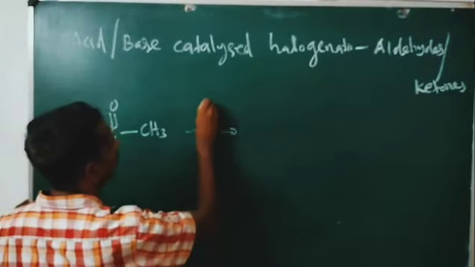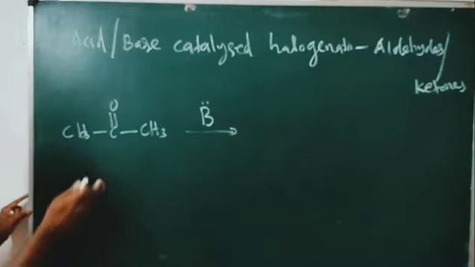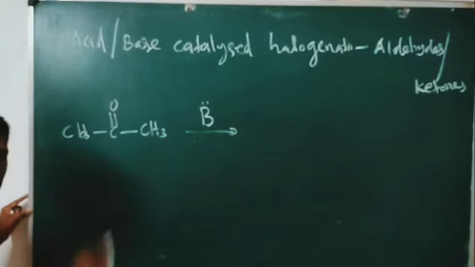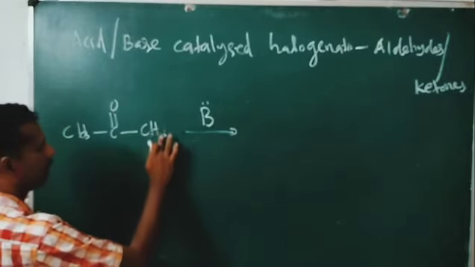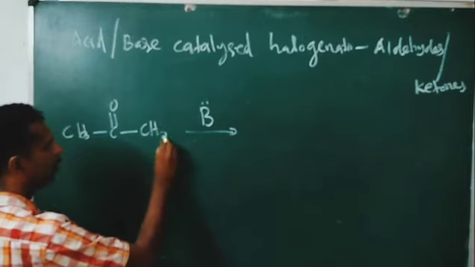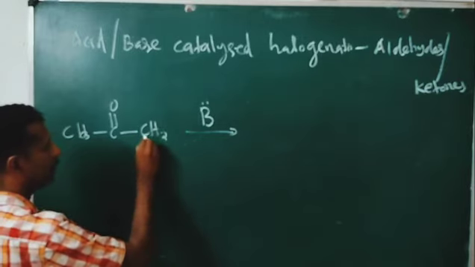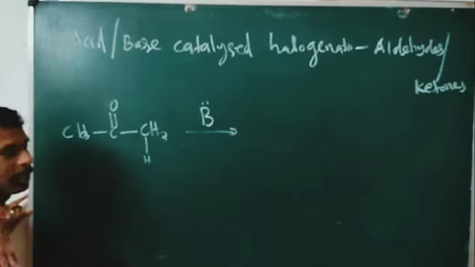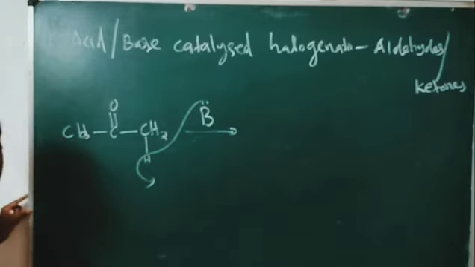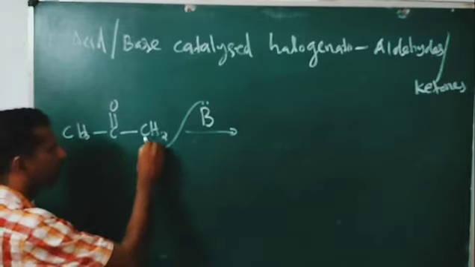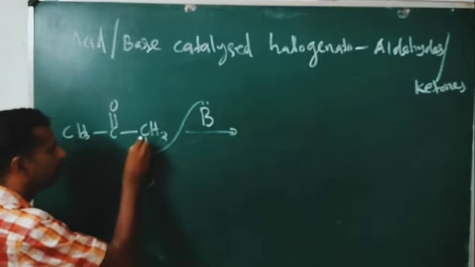Here is our base. If you consider base catalyzed halogenation of aldehydes or ketones, we can see that these hydrogen atoms are acidic in nature. So CH3 can be written as CH2H. The base removes the acidic proton, and this bond is shifting to carbon.